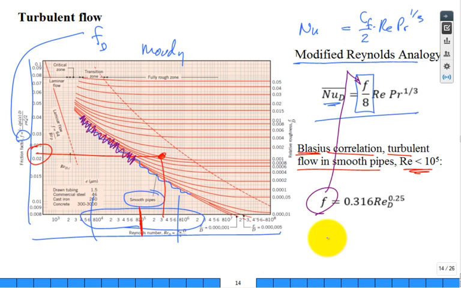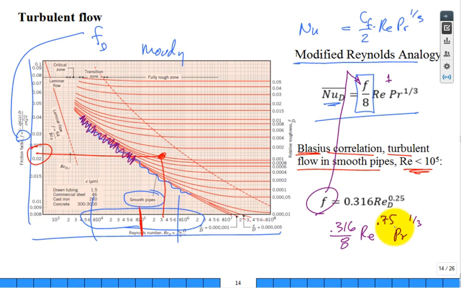And in that, you'll get 0.316 divided by 8. You'll get Reynolds not to the 1 power, but to the what power? 0.75 power. You'll get Prandtl to the 1/3.